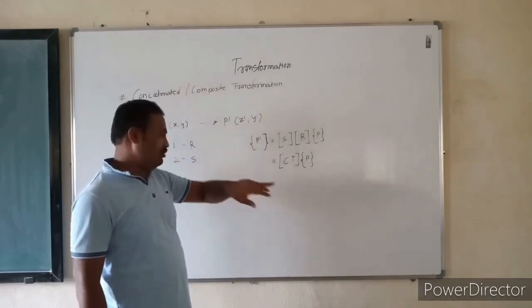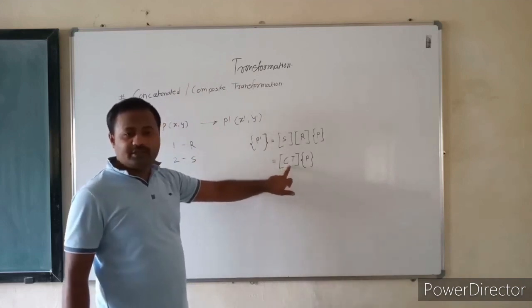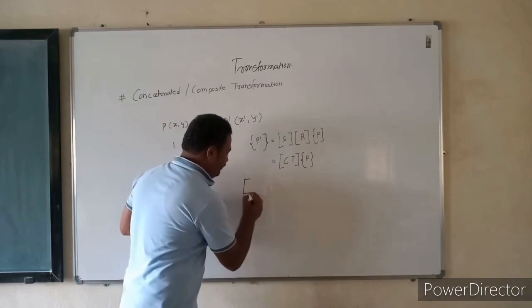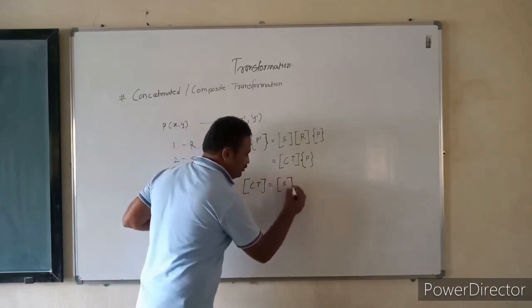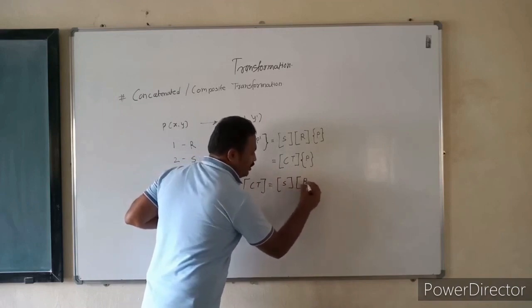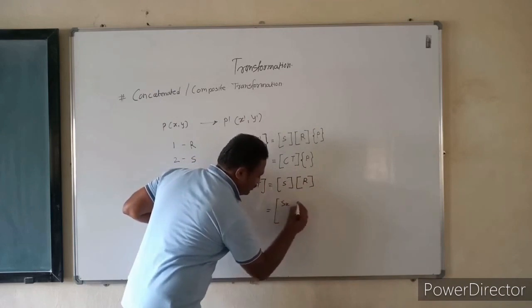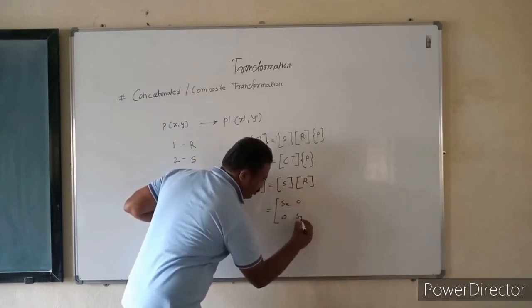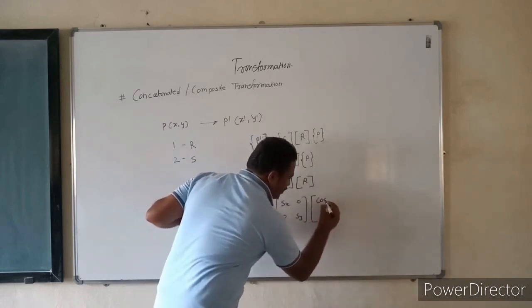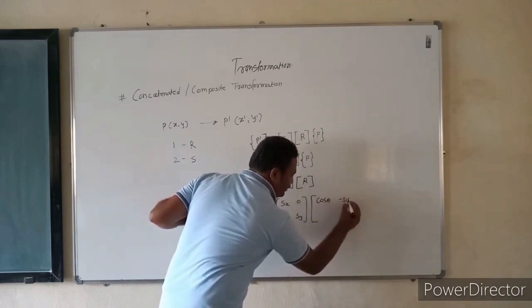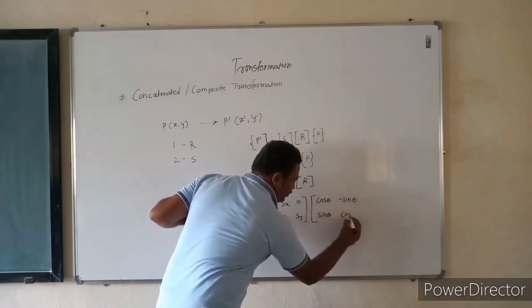To find the CT matrix, CT is the scaling matrix times the rotation matrix. You know the scaling matrix is Sx 0 0 Sy, and the rotation matrix is cos theta, minus sin theta, sin theta, cos theta.